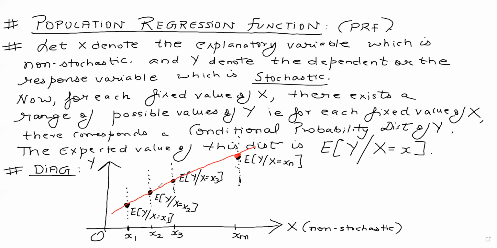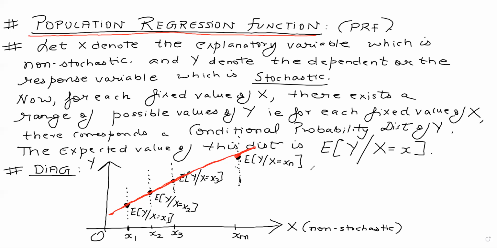I join all these points. What is the straight line giving me? This straight line is called the population regression function. The red straight line on your screen is called the population regression function.